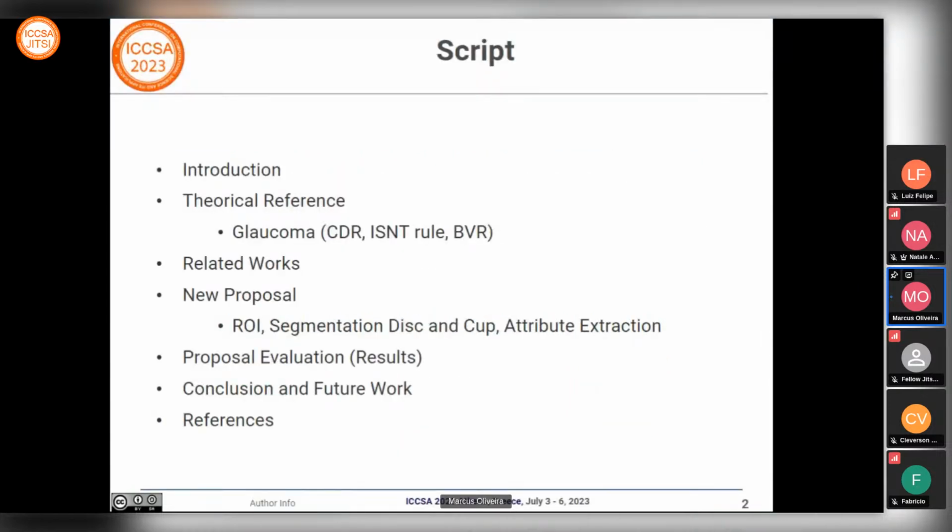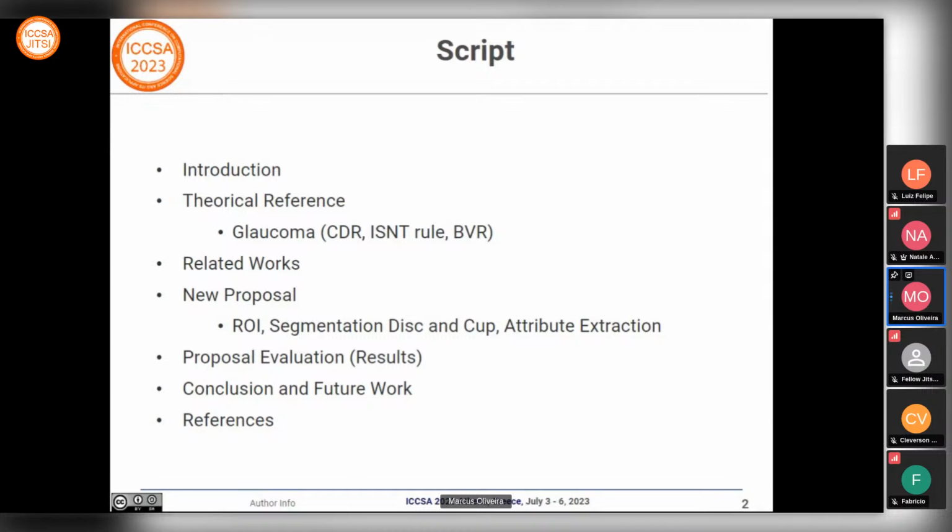This presentation will follow this script. In the introduction, I will explain a little bit about glaucoma and its diagnostic methods. In the theoretical reference, I will explain some characteristics that doctors observe in fundoscope images, for example, the CDR, the ISNT rule and the BVR.